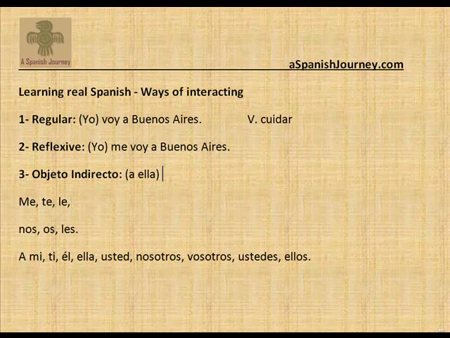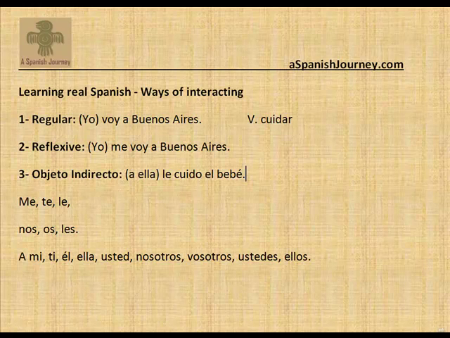So I'm going to say a ella le, using again the same pronoun, cuido el bebé. So here I'm saying for her, I take care of the baby. But this also means I take care of her baby. Okay? So I'm affecting her by using the indirect object pronoun.